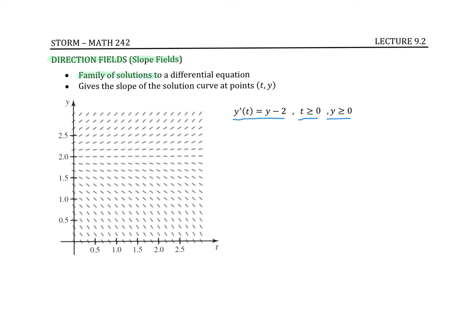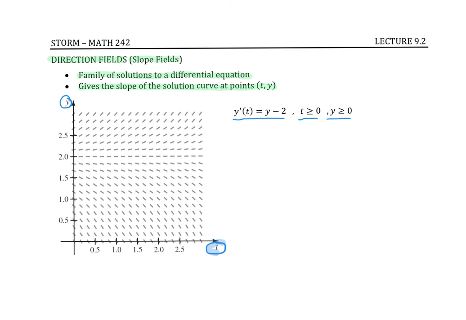This is our family of solutions to our differential equation. These are all the general solutions. And it's going to give us the slope of the solution curve at any point t comma y. Look at the graph. We have our variable t for the horizontal axis, and the vertical axis is our function y.